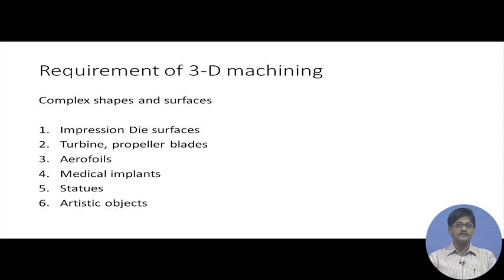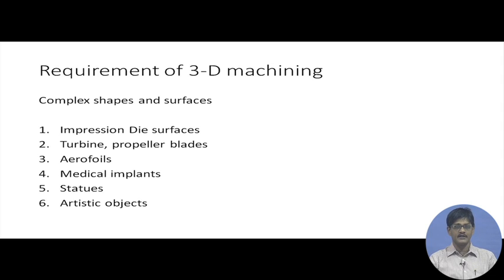Some examples of 3D machining applications. Generally, whenever we have some complex shapes and surfaces to be machined, we resort to 3-dimensional machining. For example, we might have impression die surfaces.